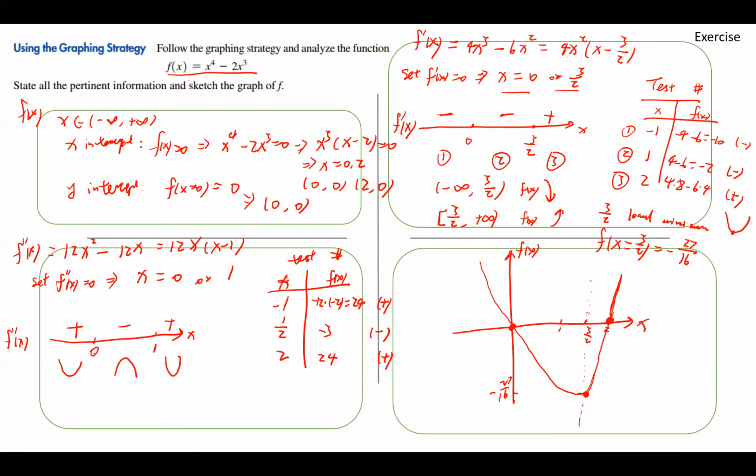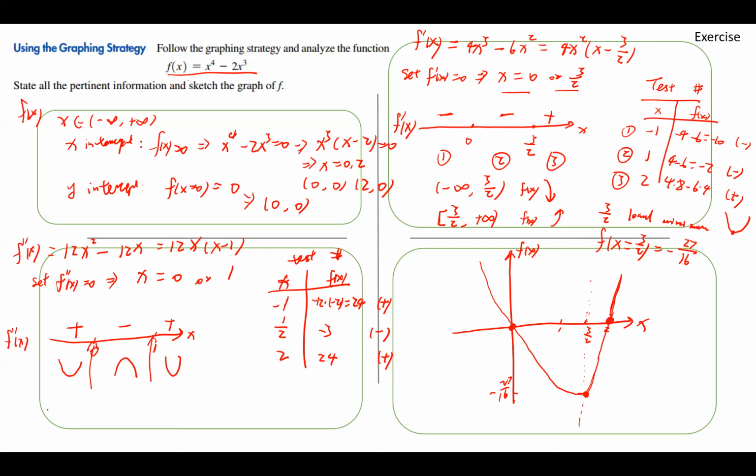So this point is my candidate. I have 2 inflection points. This is the first point, this is the second point, and both points give me the case when the second derivative is 0, right?